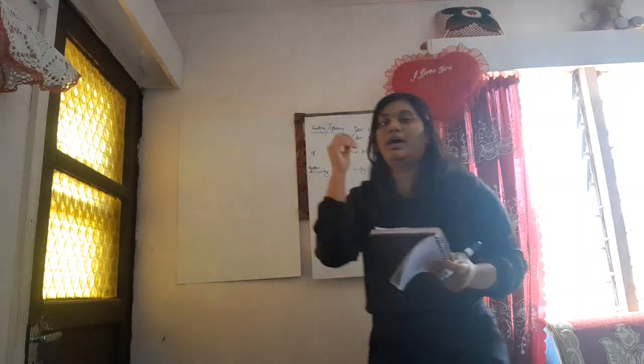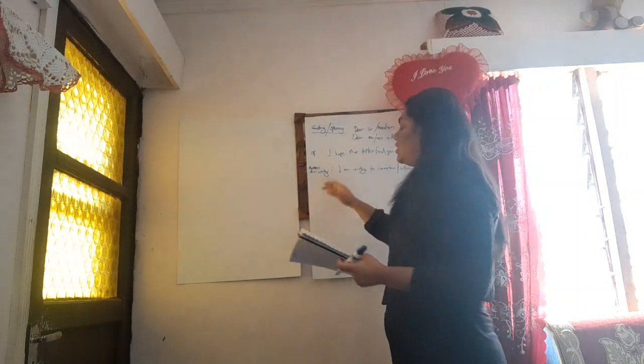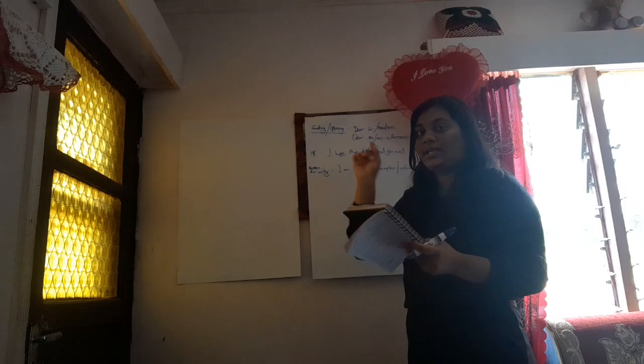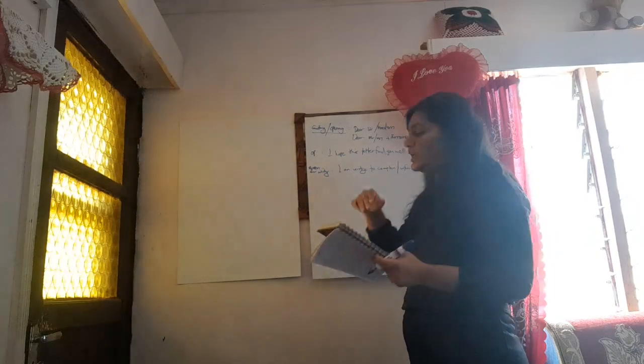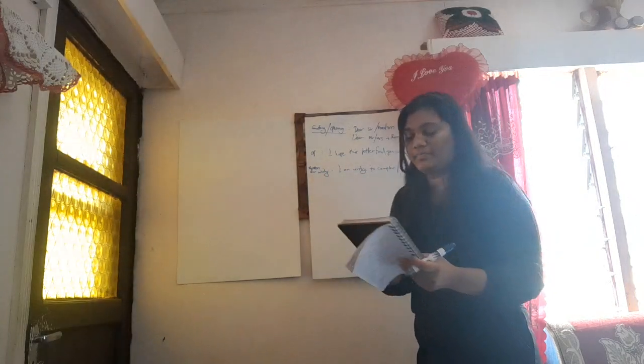Moving on, providing information. This is very important. If you are writing a job application, you need to attach your CV with this letter. So how will you tell them?